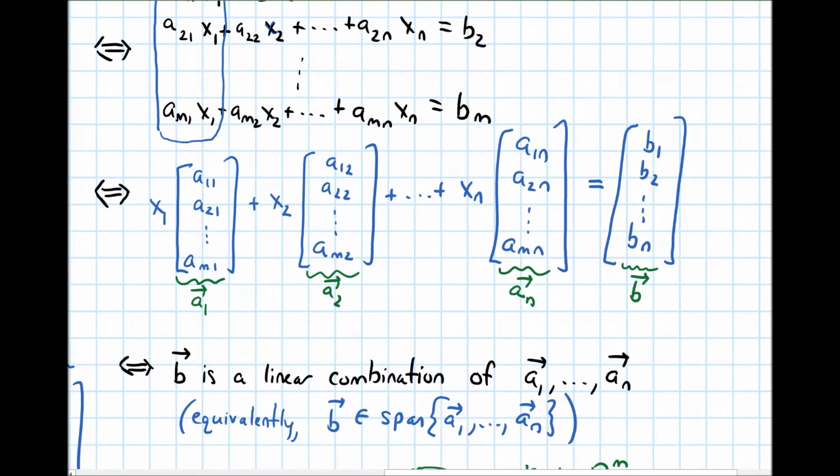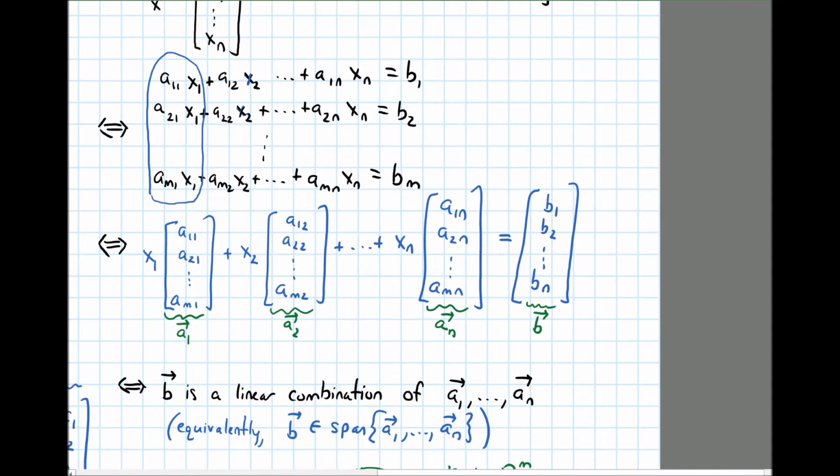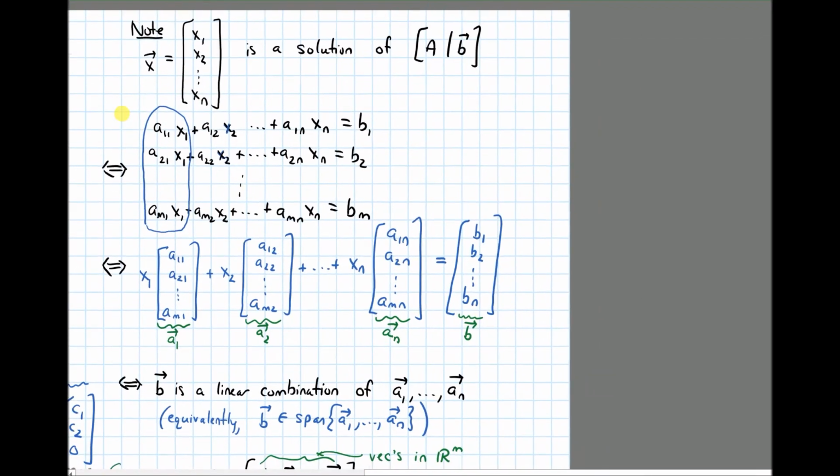So if I zoom out a little bit in terms of what we've just shown, determining if a vector b is a linear combination of the vectors a1 up until an is equivalent to checking if the augmented matrix, where I put the vectors a1 to an on the left-hand side of the augmented bar and b on the right-hand side, has a solution.